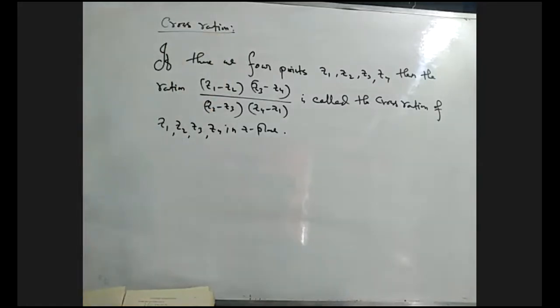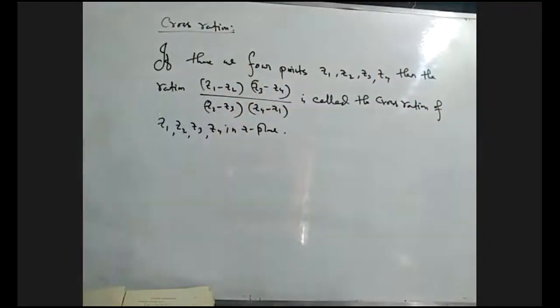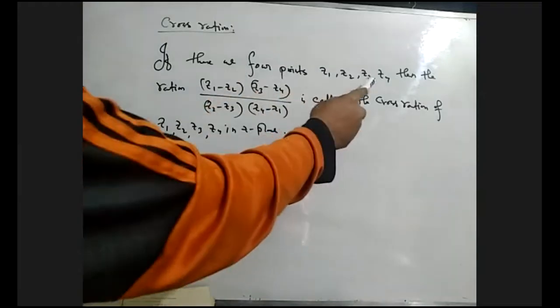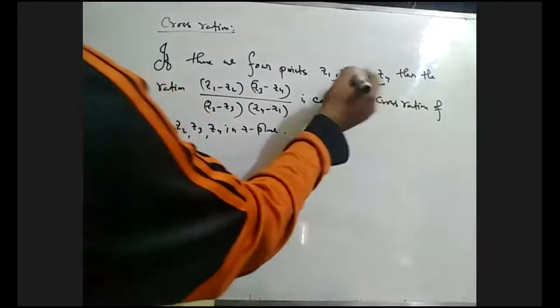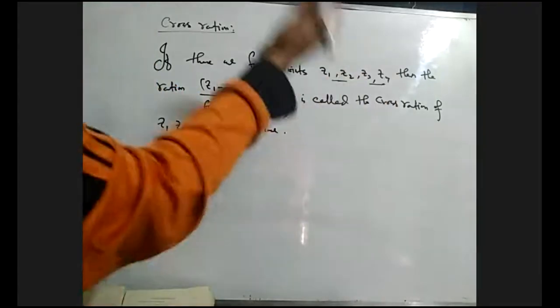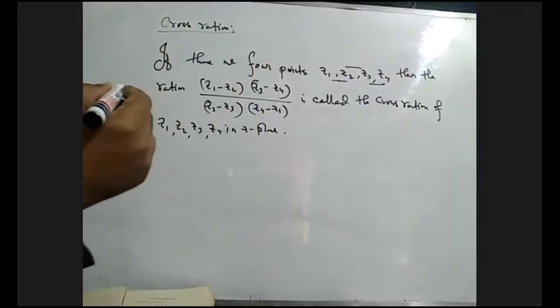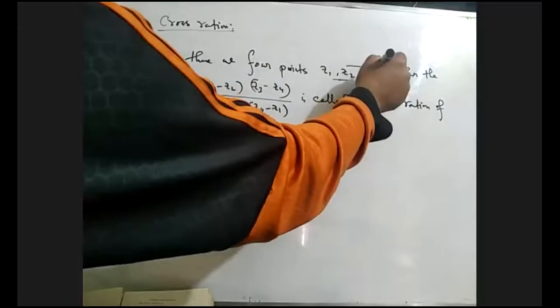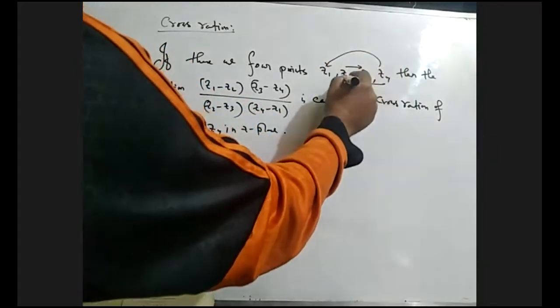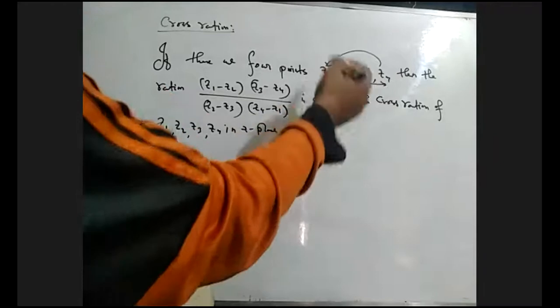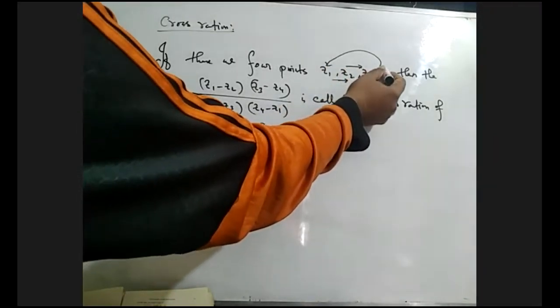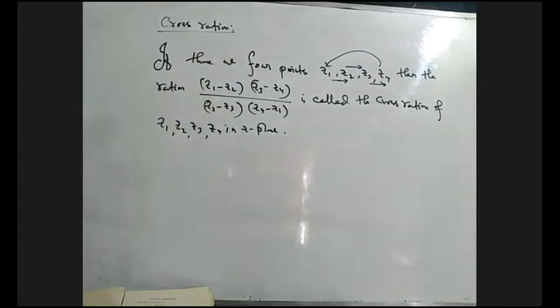Remember it. This is the cross ratio of what? The Z plane. If you consider any 4 points of the Z plane, then this ratio, Z1 minus Z2 into Z3 minus Z4, divided by Z2 minus Z3 into Z4 minus Z1, is called the cross ratio of Z1, Z2, Z3, Z4 in the Z plane.